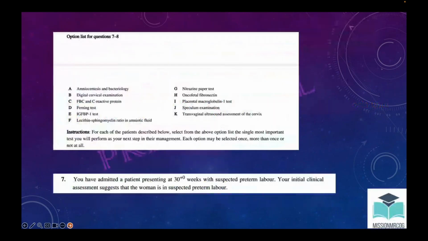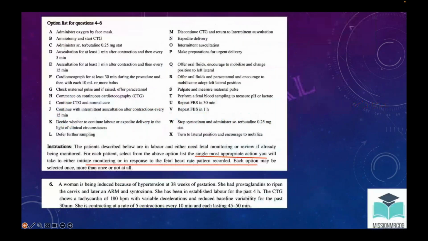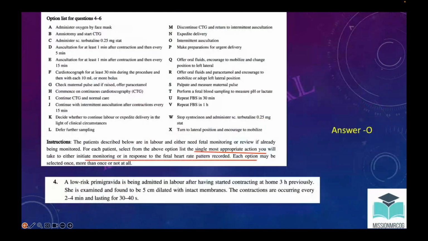Ma'am, I had a question. In question number 5, previous to this oxytocin question, there are two options. One is intermittent auscultation and one is option E. Please see option E. Yes, E is also a good option.